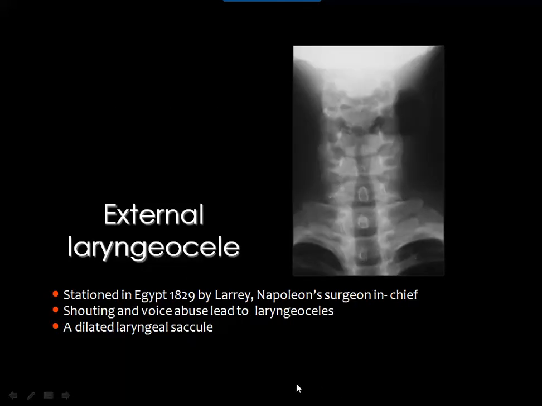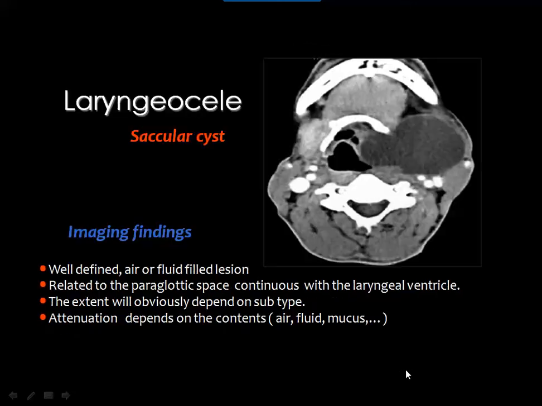And laryngocele can be seen by the plain X-ray, especially in the frontal view of the cervical spine, whenever it is projected in a soft exposure, then you see an air-filled sac on the left side of the laryngeal lumen.